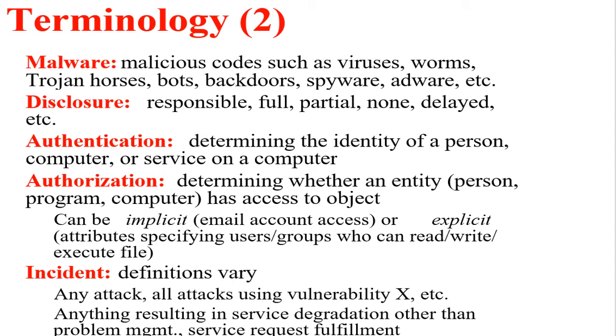We can also talk about an incident. An incident is simply any attack or all attacks using a vulnerability or anything resulting in service degradation other than problem management or service request fulfillment. That's an incident.